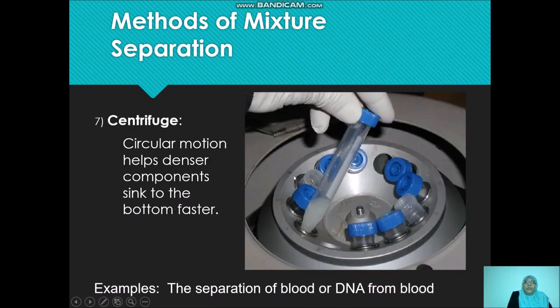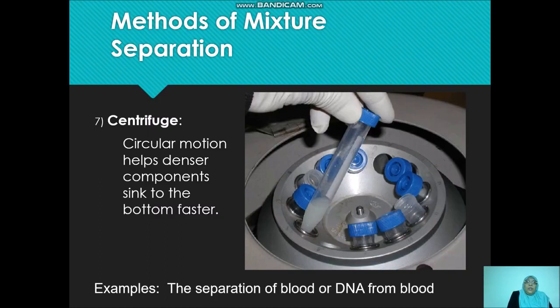Here, centrifuge. What is the centrifuge? Circular motion helps the denser component sink to the bottom faster. For example, I want to give blood. Blood consists of sediment and liquid.